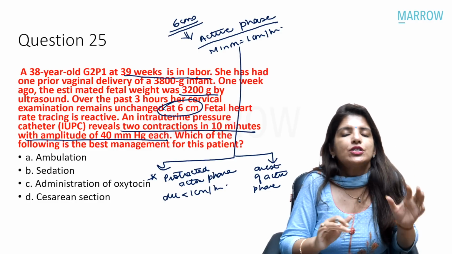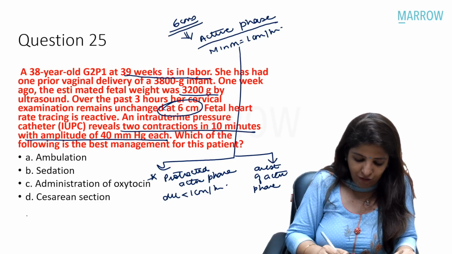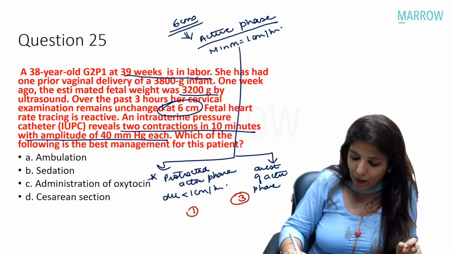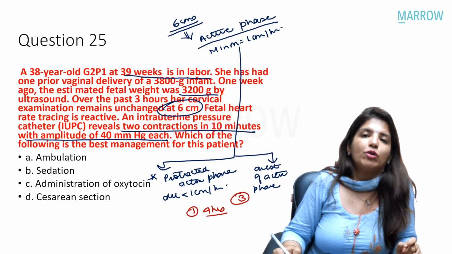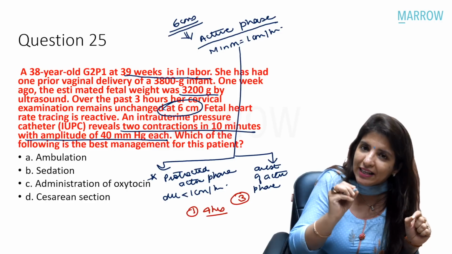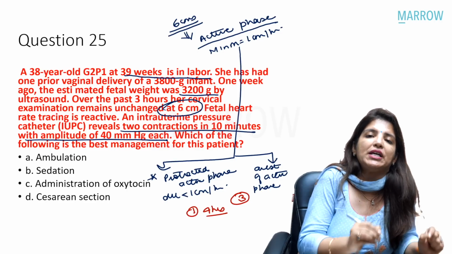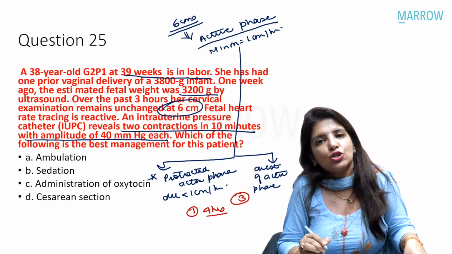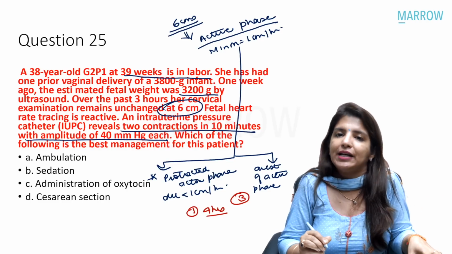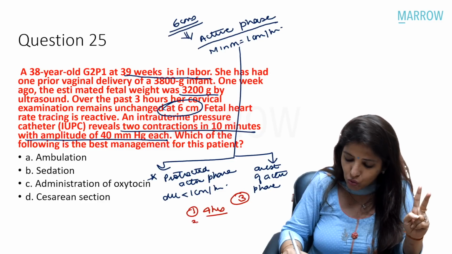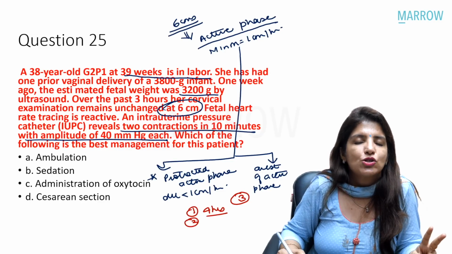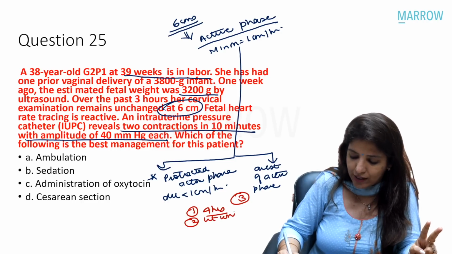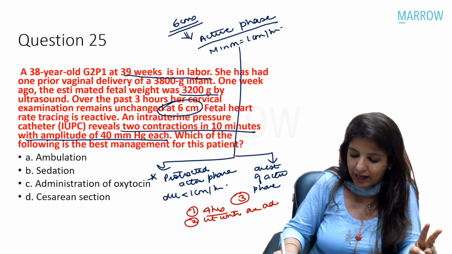Why? Because in order to call it active phase arrest, there are 3 things which should be fulfilled. Number 1, you have to observe the patient for a period of 4 hours. So for at least 4 hours, there shouldn't be any dilatation at all; the patient should remain at the same dilatation. Number 2, you are going to call it a case of active phase arrest only if uterine contractions are adequate.